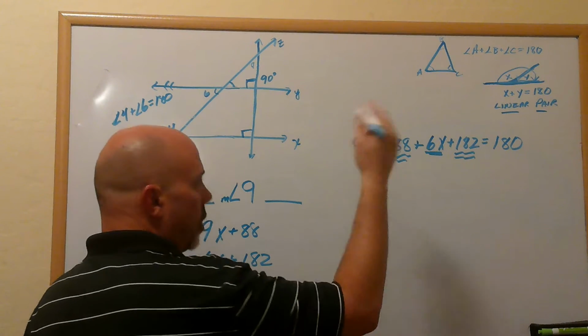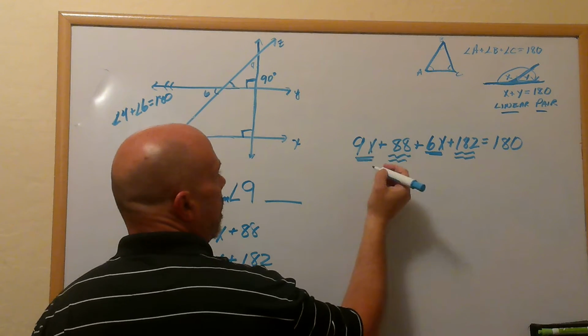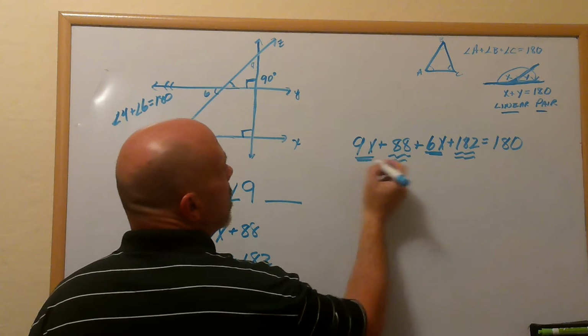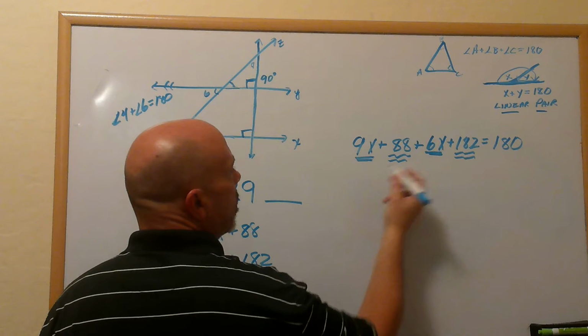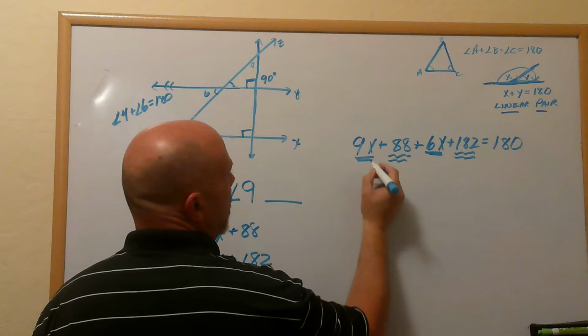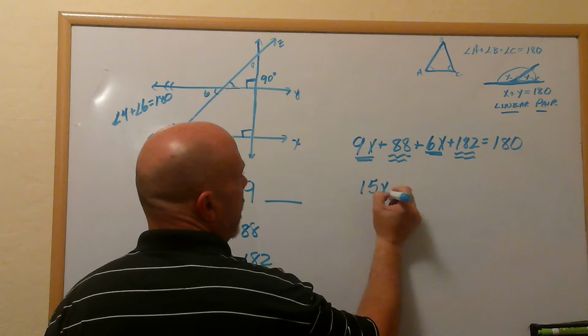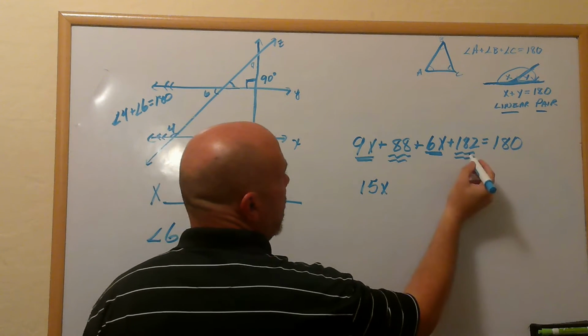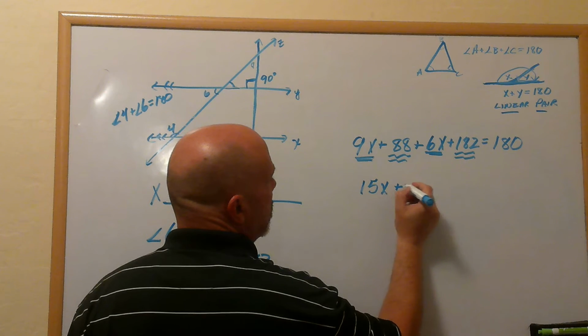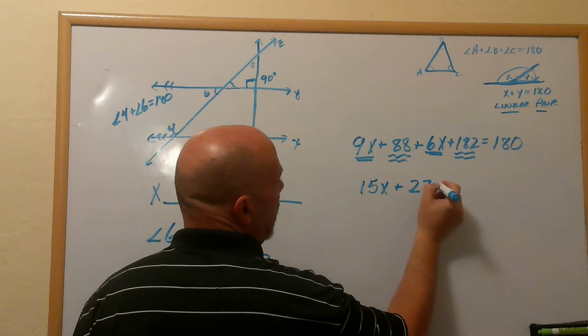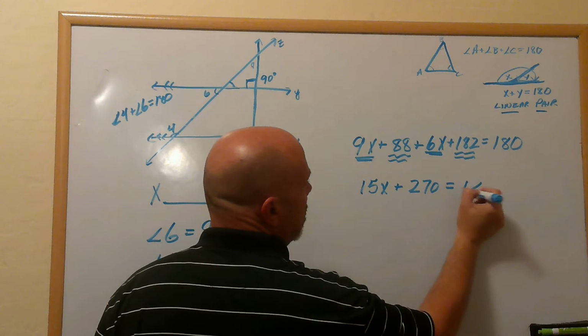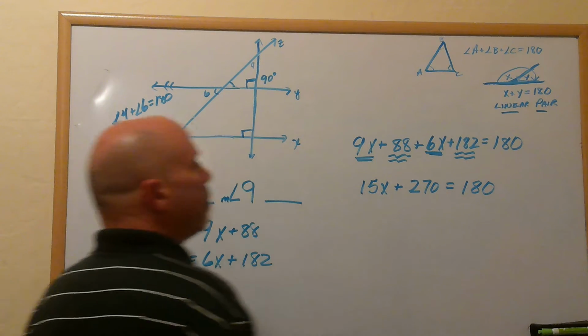Of course, you can do circles, clouds, squares, whatever works well for you, so that I can identify which of my terms are alike, so that I'm going to add them together. So 9x plus 6x gives me 15x. I have plus 88 and plus 182. Add those together, I'm going to get 270. And all of that is still equal to 180.